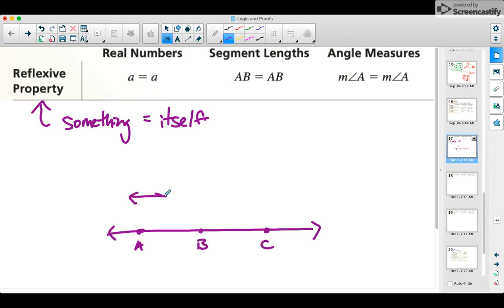So I could name this line AB, I could name it BC, or I could name it AC. So the reflexive property allows us to say that line AB and line BC are the same thing, because something equals itself. AB and BC would be the same because they're the same line. So that's when it's going to become useful, like if you need to change names.